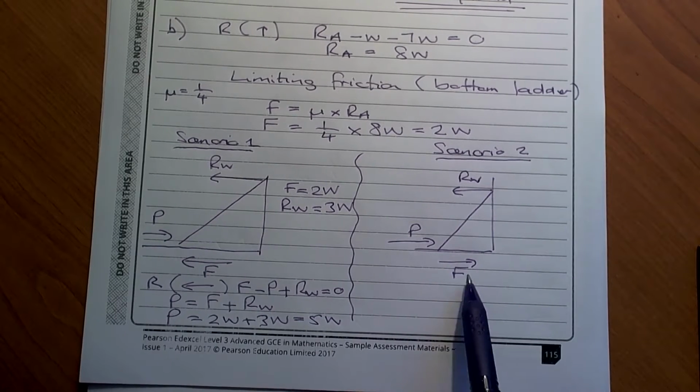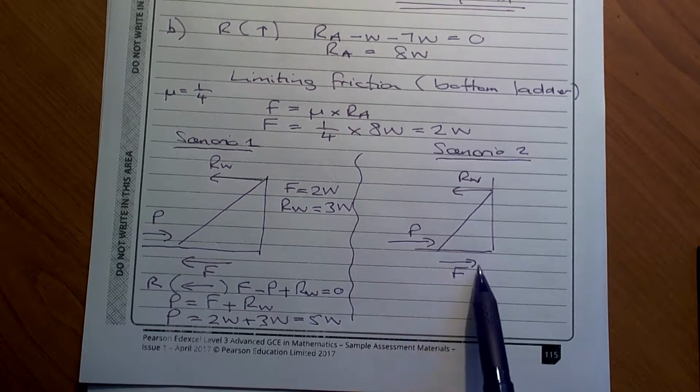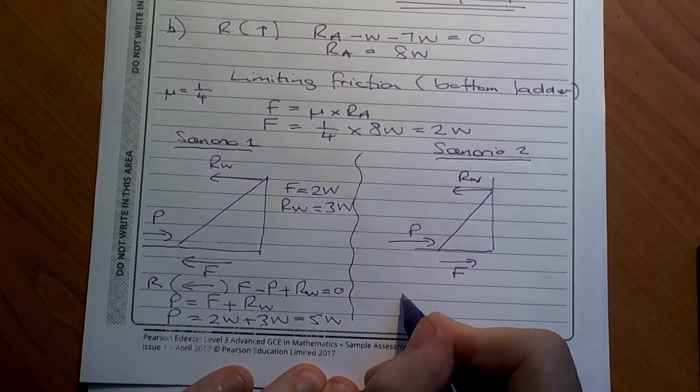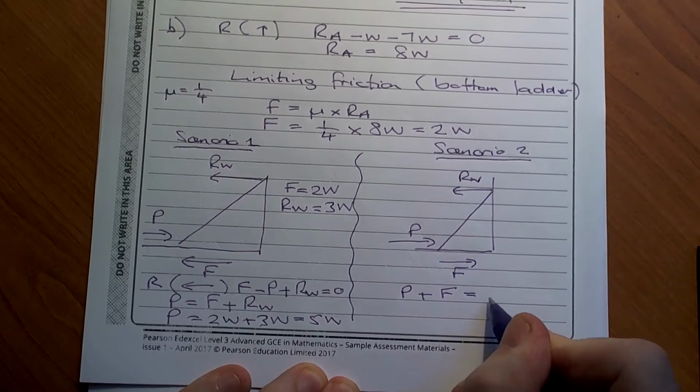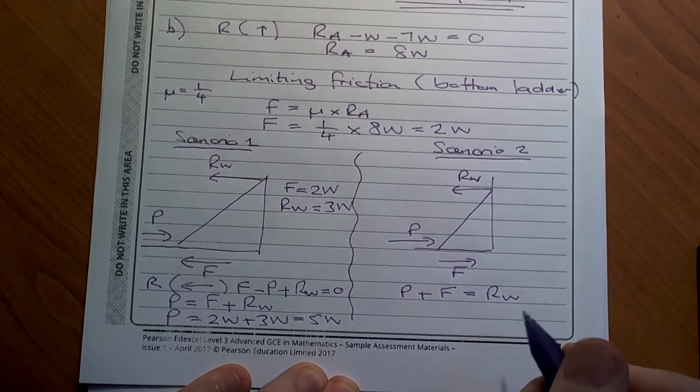Now let's do the same for this other one. This time we're assuming that to keep it in equilibrium, P plus F is going to equal RW. So if I write that down then, P plus F equals RW.